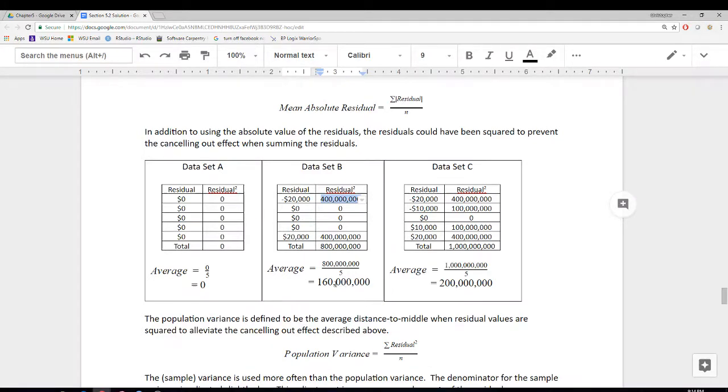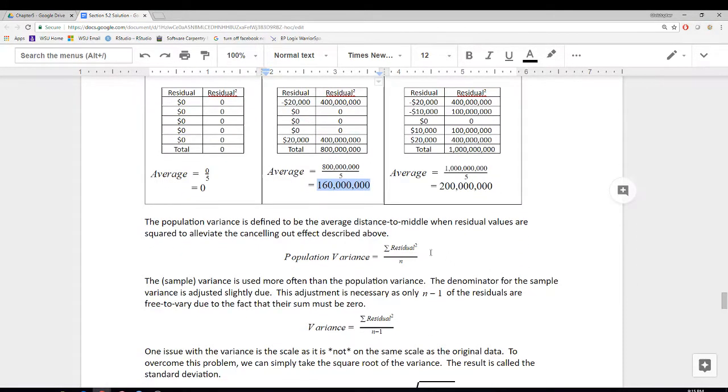We're talking about dollars, so the units of measurement would be dollars squared or something. Now, we do see that data set C has a larger squared average value than data set B, which is what should happen because we have more distance away from the middle in data set C than in B.